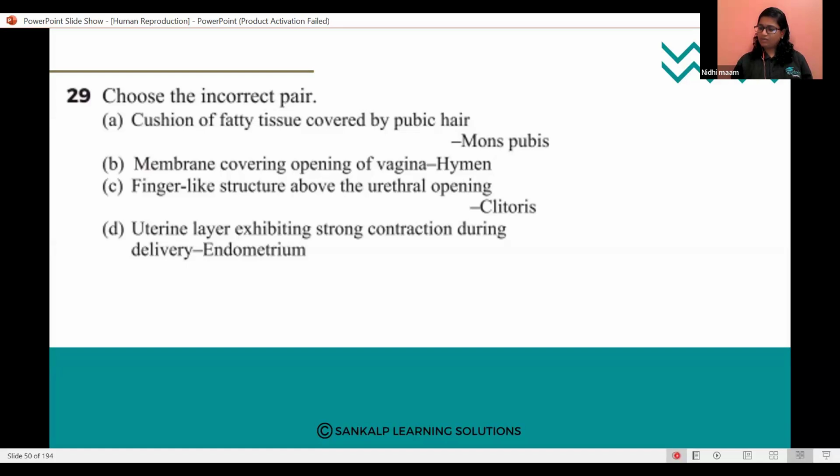Human reproduction, chapter number 2. Okay, so here, uterine layer exhibiting strong contraction during delivery. We know that our uterus, the female uterus, is made up of 3 layers. Which are those 3 layers? Can anyone tell me?